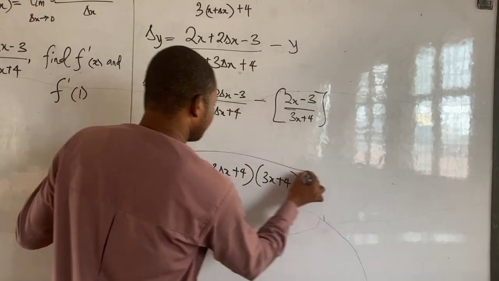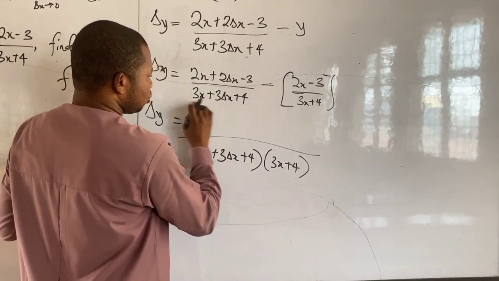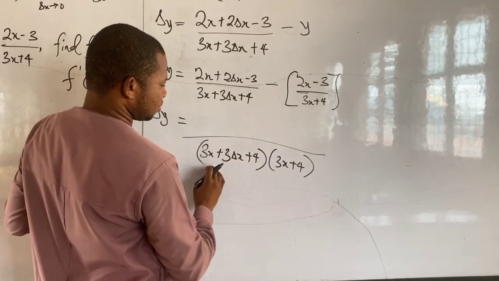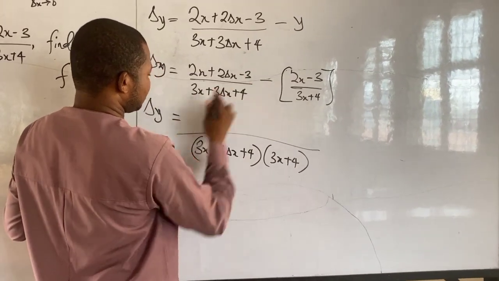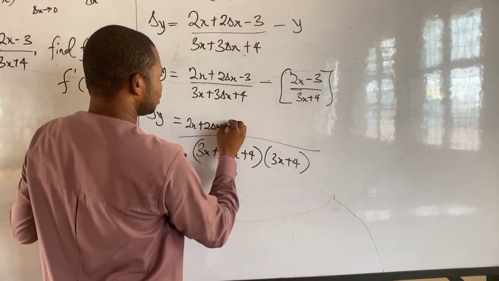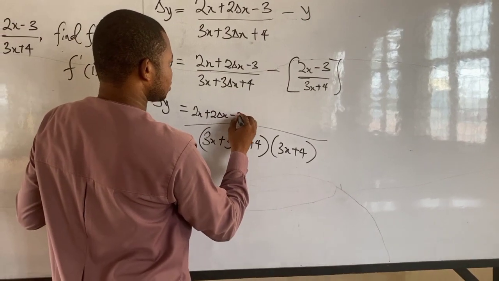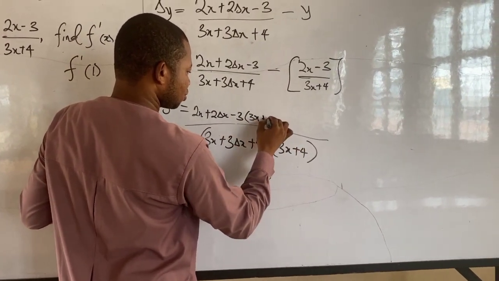That is the LCM. So coming here, we cancel out this, I will be left with this. So this will multiply this. I'm going to have 2x plus 2 change in x minus 3 into bracket 3x plus 4.